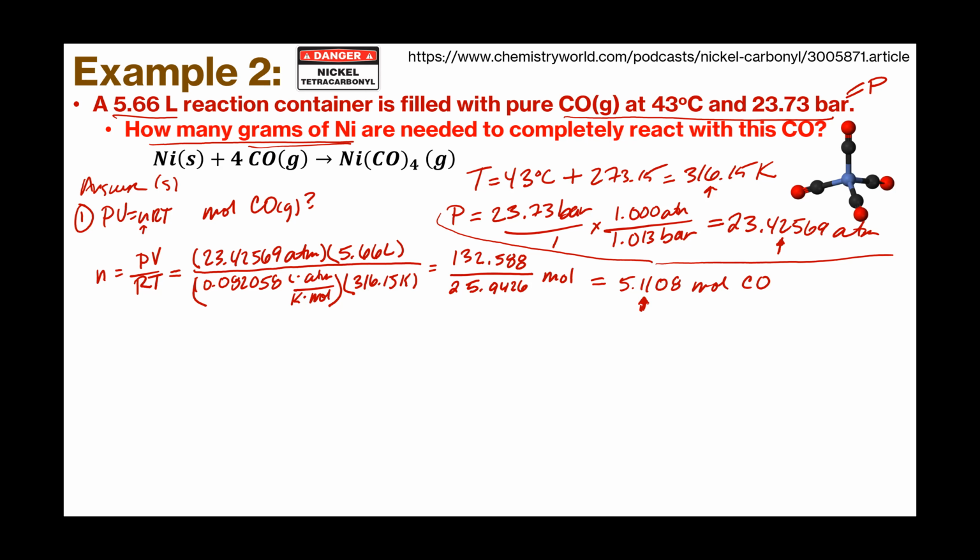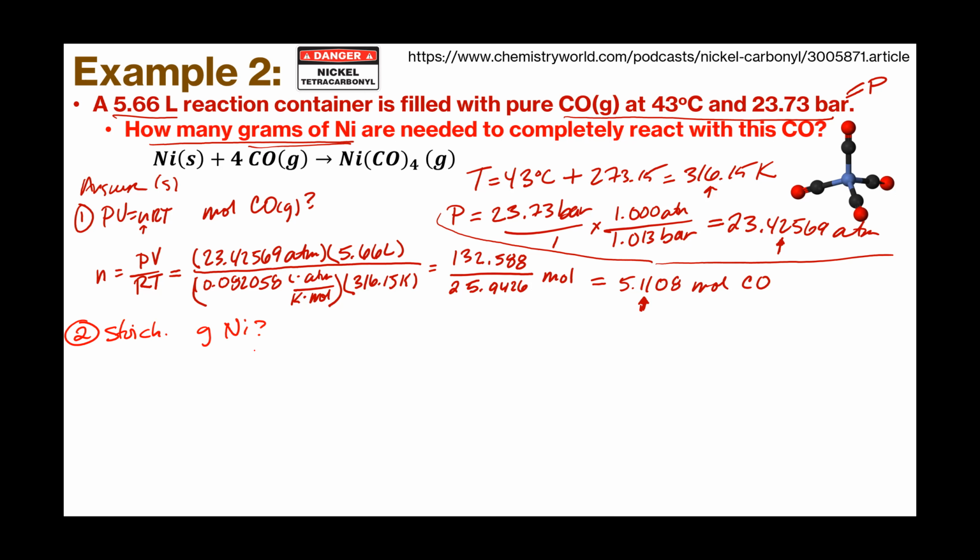Okay. Now, next thing we need is to take our moles and figure out grams of nickel. Now, this is our stoichiometry part. And we're going to figure out grams of nickel. Okay.